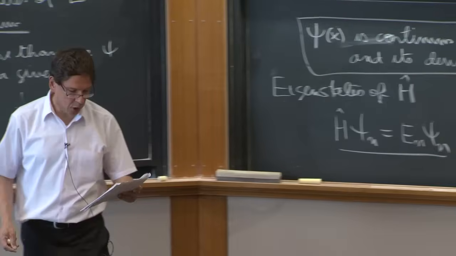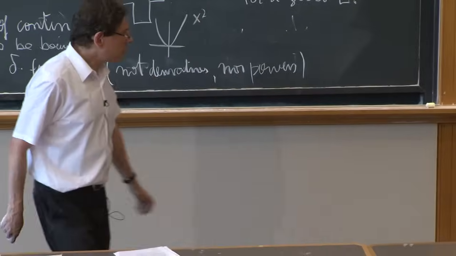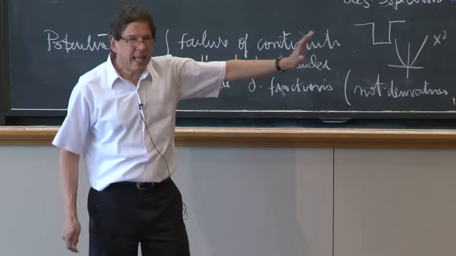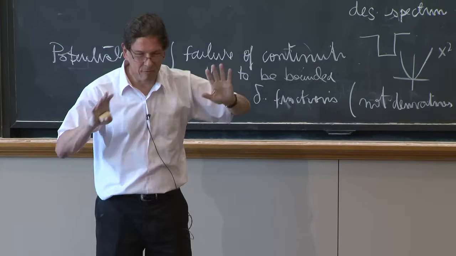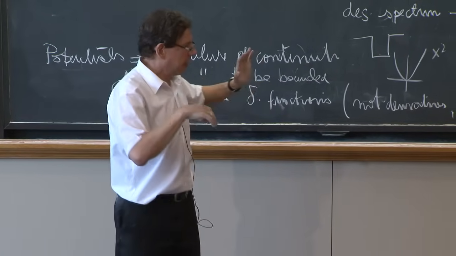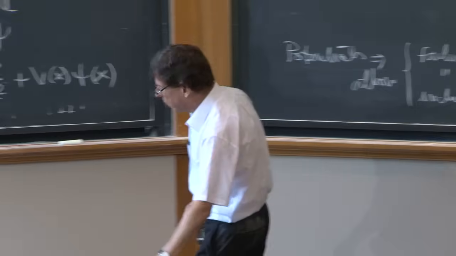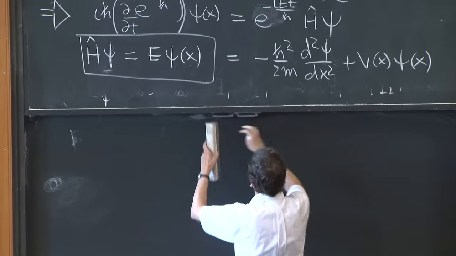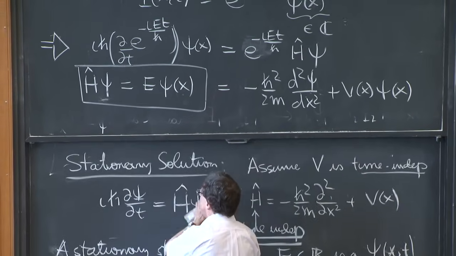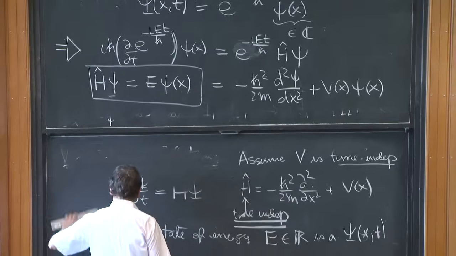You have a set of solutions. So this is what will happen if you have a good problem. A reasonable potential and nothing terribly strange going on. There will be a lot of solutions, and they can be chosen to be orthonormal.